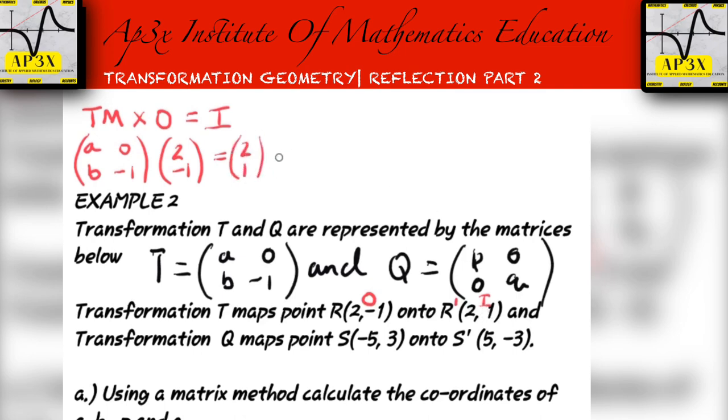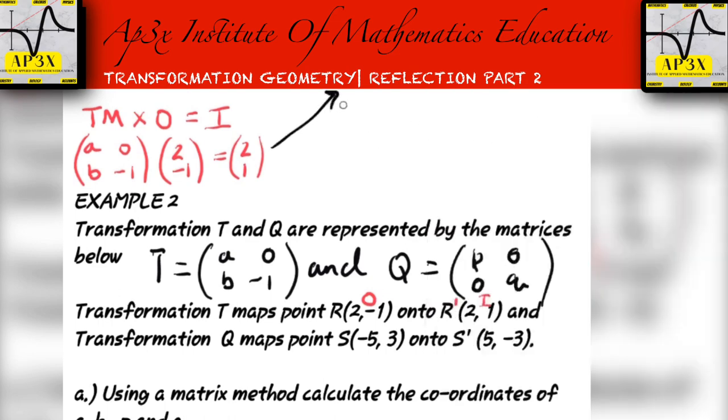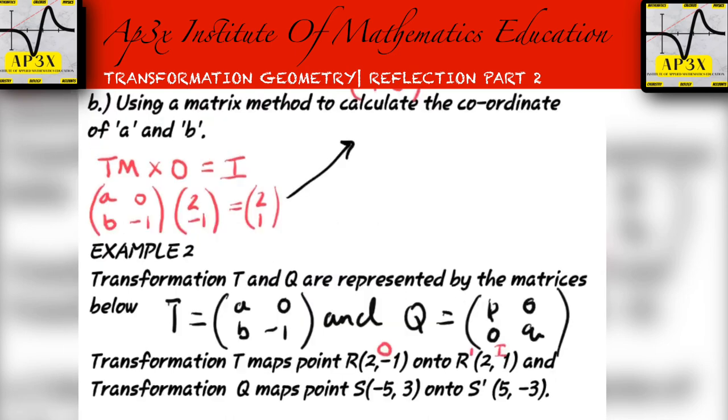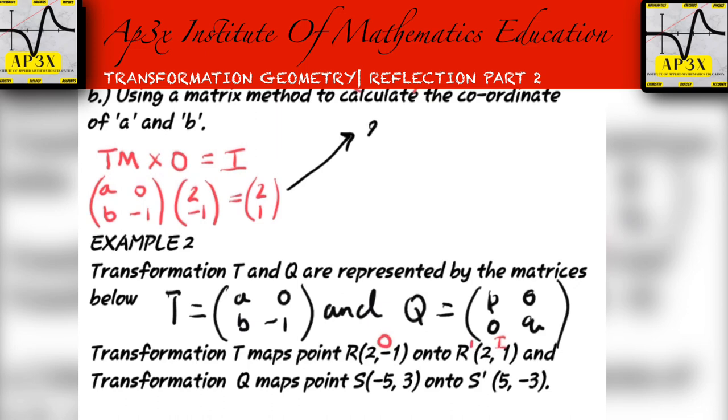So once again, we're going to go through the whole process of doing this row by column. If you have prerequisite knowledge on matrices, this is going to be a little bit easier. So here what we have is A multiplied by 2. That's first with first. A multiplied by 2 gives us 2A. And then of course 0 multiplied by negative 1 is 0.